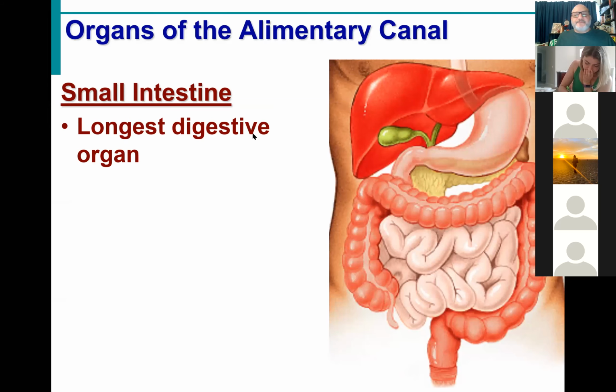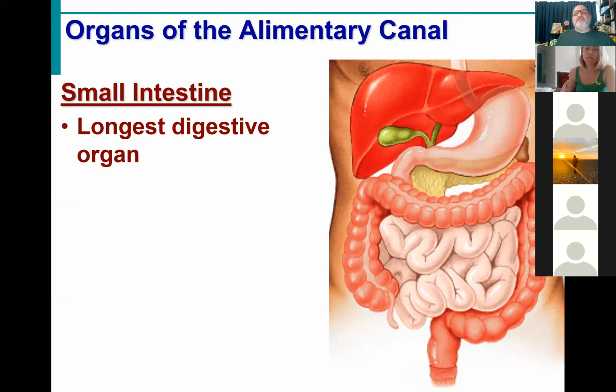All right, excellent. So on to the small intestine. Now, remember, one of the things we talked about, your alimentary canal in a cadaver from mouth to anus is 30 feet long. 20 of those feet is the small intestine. How the heck is something 20 feet long called the small intestine? Diameter.